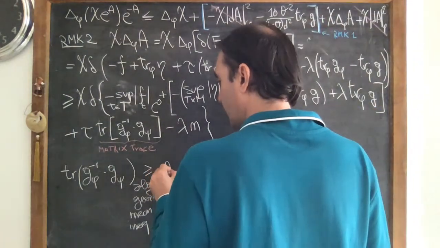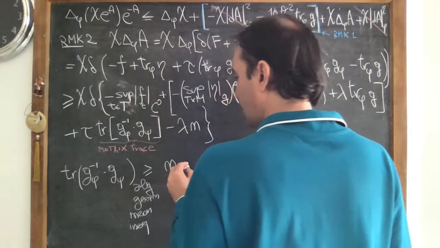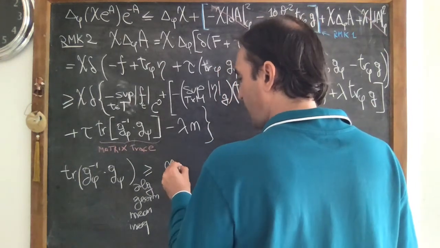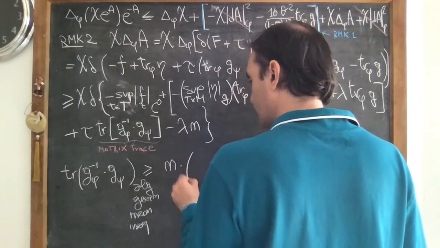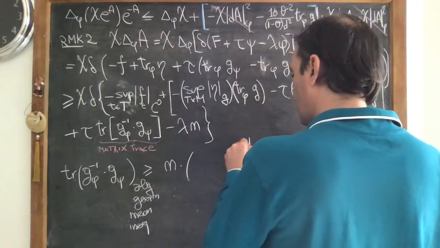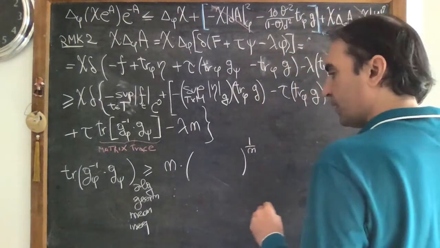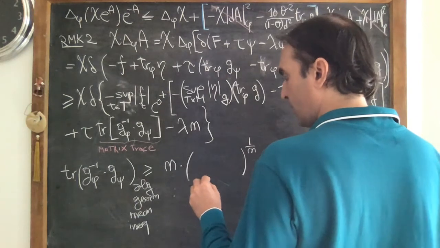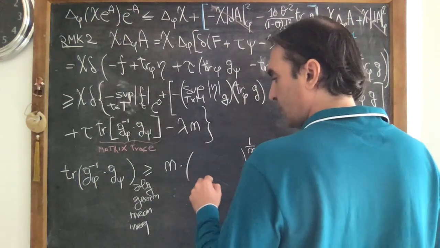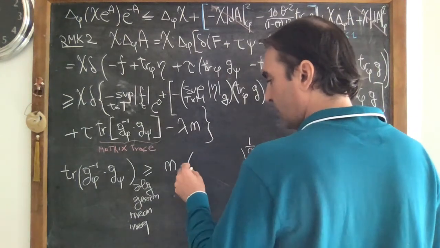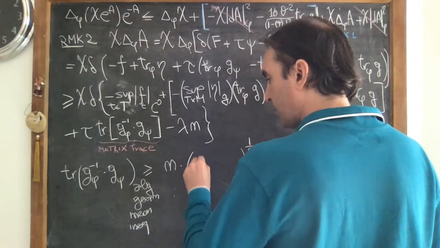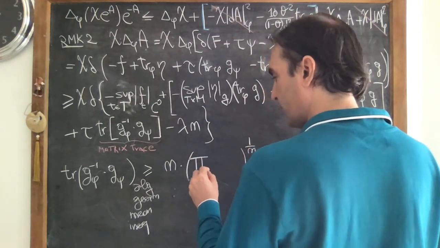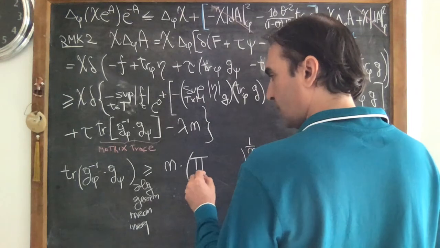So this is bigger than n times the nth root, the root of order n, of the product of the elements in the diagonal.